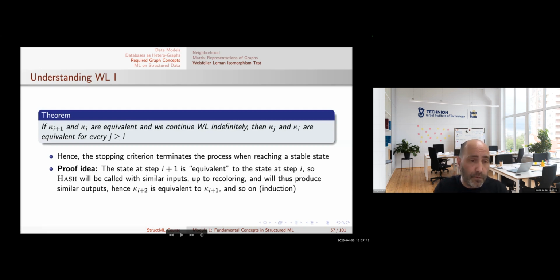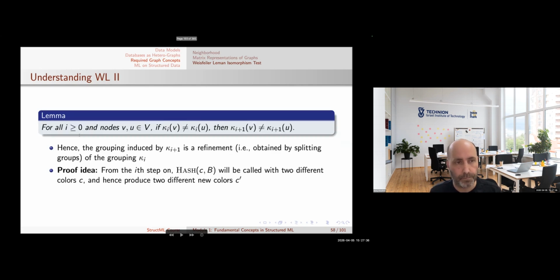So it will again produce something similar to what kappa I plus 1 produced up to equivalence. So kappa I plus 2 will still be equivalent to kappa I plus 1 and kappa I. And so on and so forth. You can continue by induction. Okay? So when we stop the algorithm, we stop it because it's not going to make any changes if you run it indefinitely.